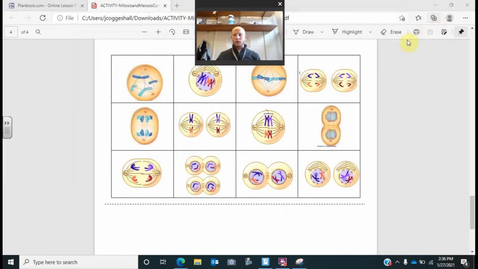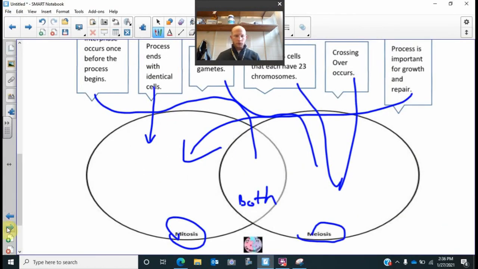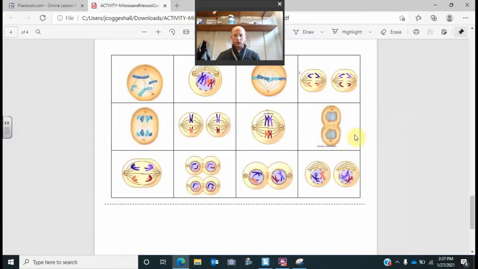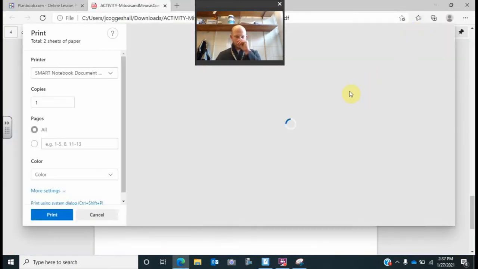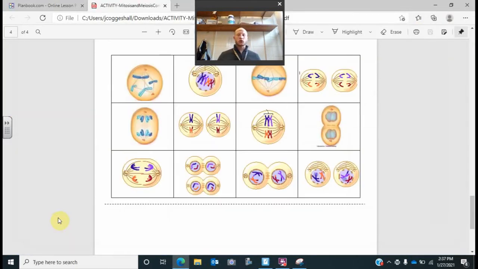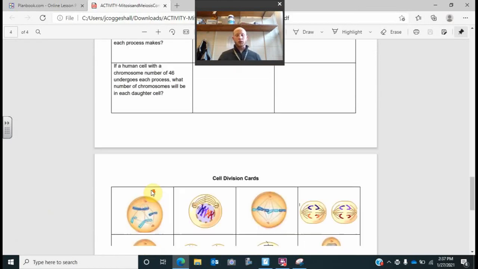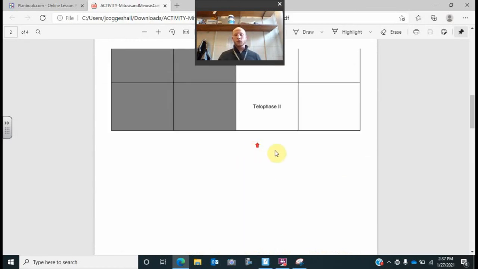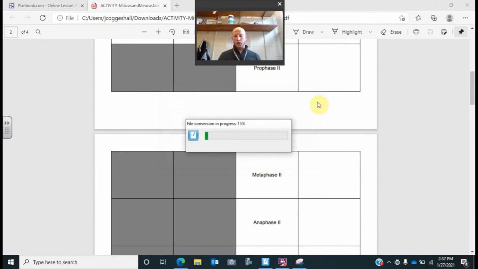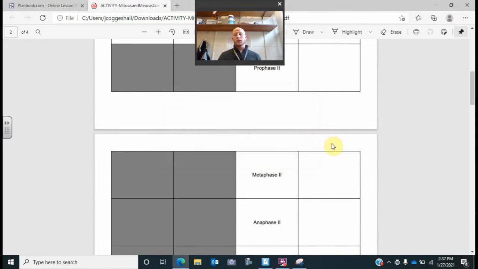Let me see here. I'm going to have to download this. I'll print them out. Sorry, guys, we're just about there. Give me a second longer. Anyway, so you can cut those out with the snipping tool, and then you can paste them in one of these boxes, and that's what you need to do.